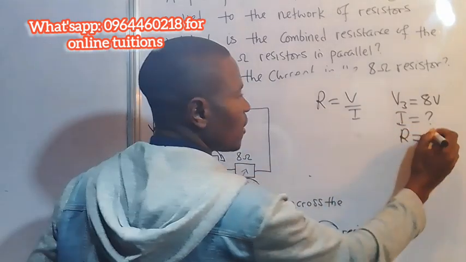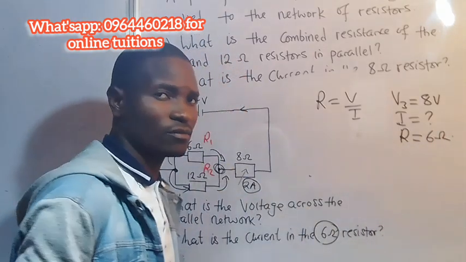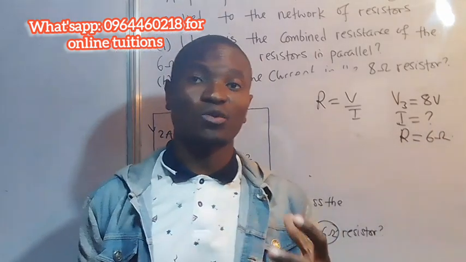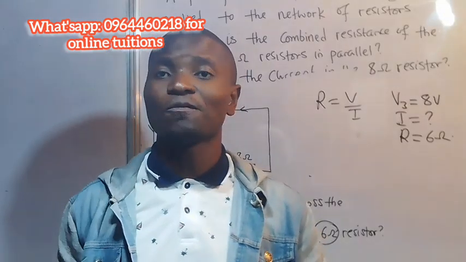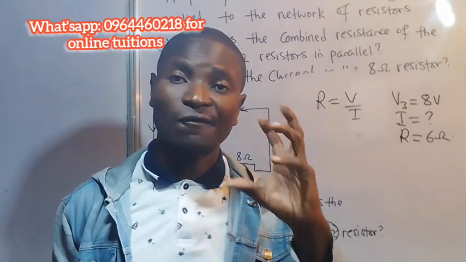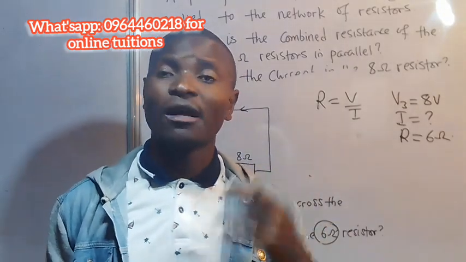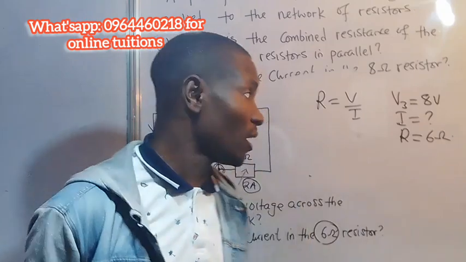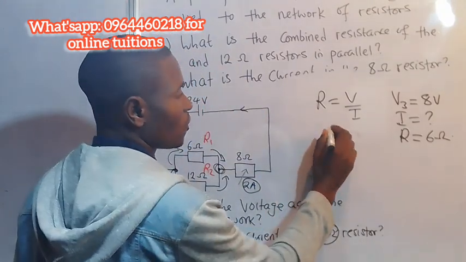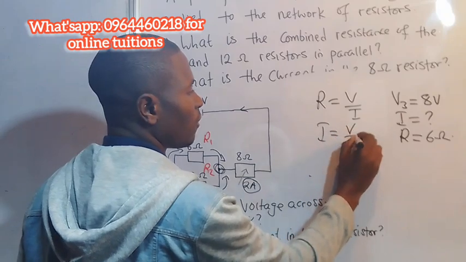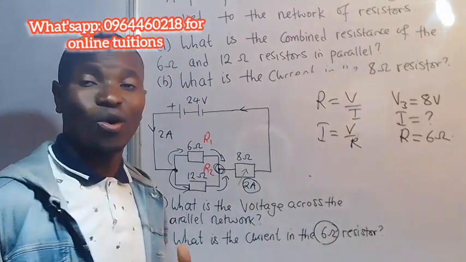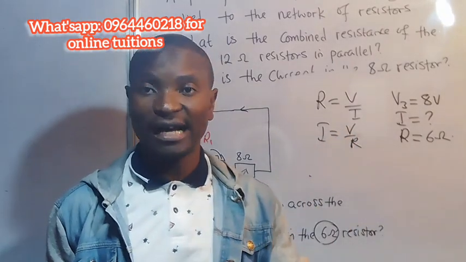So that is the information that I'm supposed to use in the equation. I'm looking for the current, therefore I'm going to make I the subject of the formula from this general formula. So this is going to be I equals V over R.